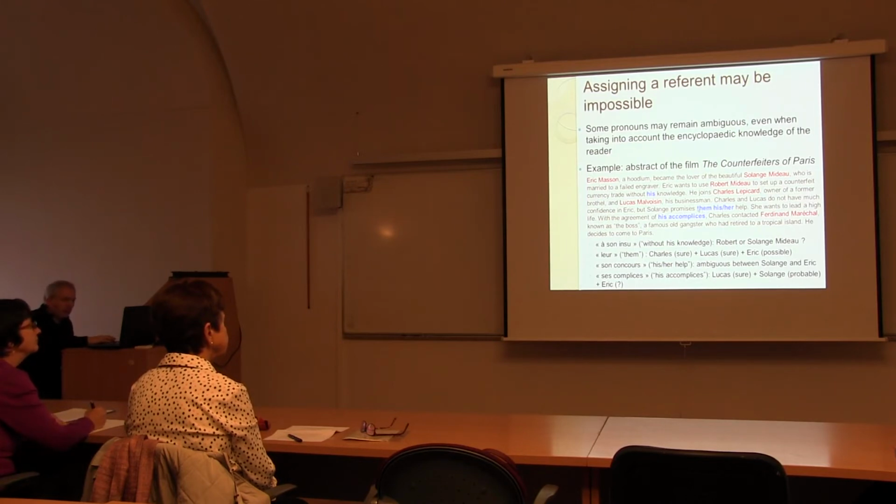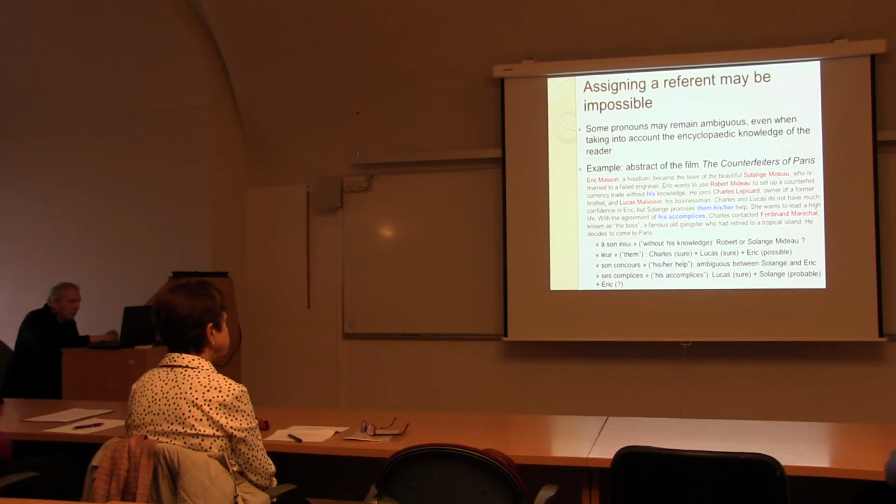And the problem here is with "them", because we don't know if it's a group that includes Charles, Lucas, and/or Eric, and possibly other people such as Lucas Malvoisin, etc.